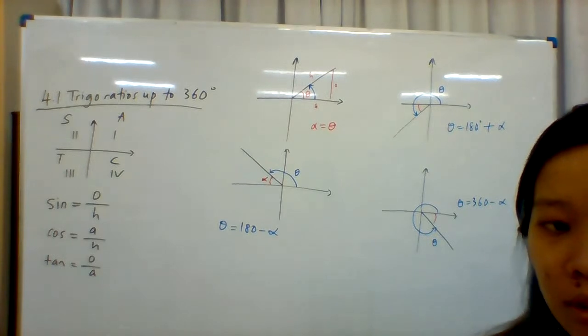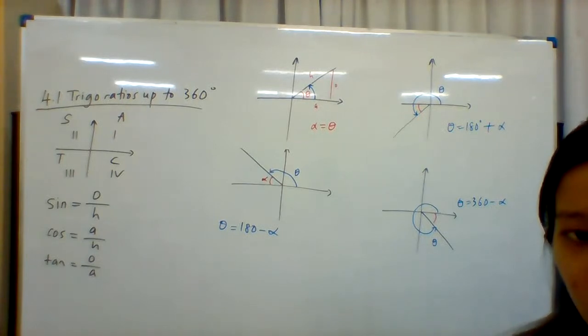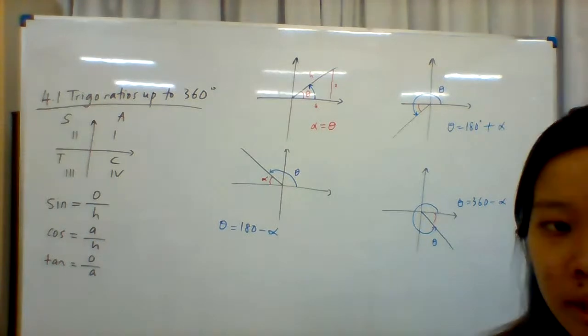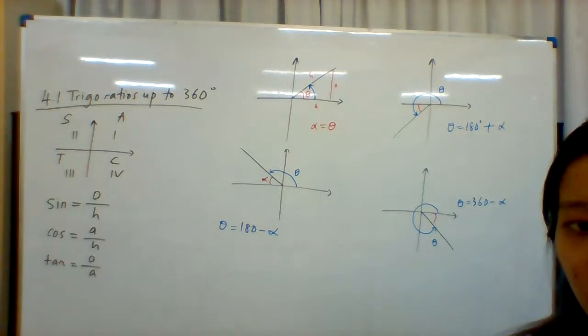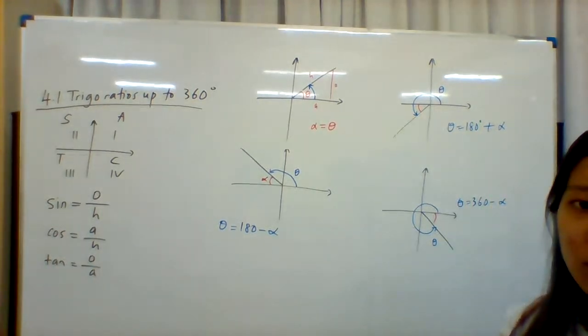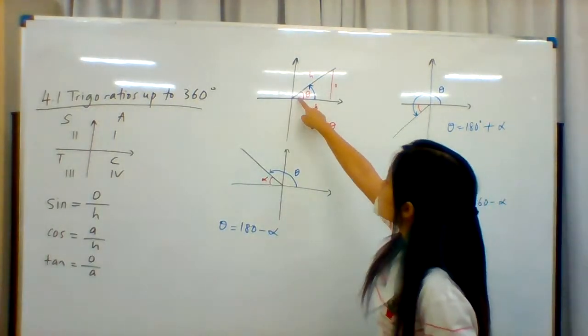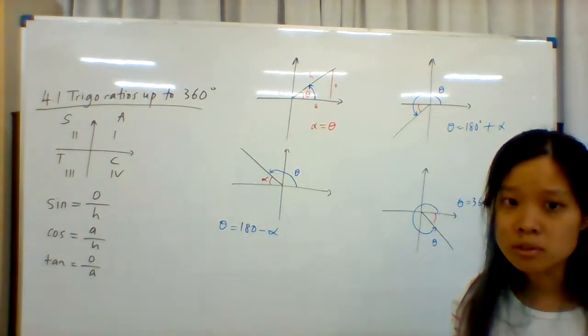In your slides, they explain why the sine, cos, and tangent are positive or negative. In the first quadrant tangent is positive. For the hypotenuse, we always take it as neutral, no positive, no negative. So if you take opposite over hypotenuse, which is your sine, you also get a positive.